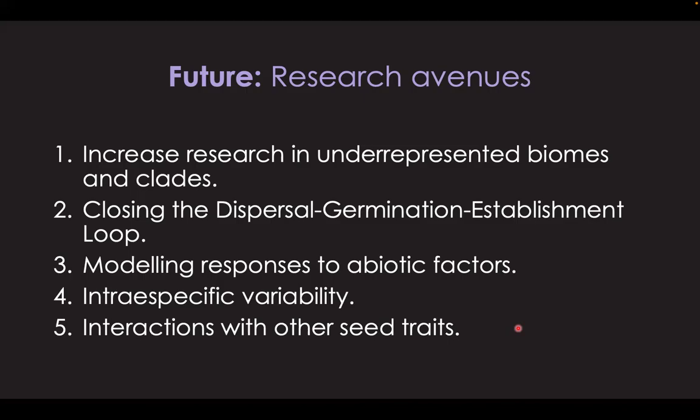We always go back to the seed mass and the small seed size. And we don't know how these responses could be related to other characteristics of the seeds. Maybe their internal morphology has something to say, maybe their dispersal phenology or something like that. And we should start doing more research in that sense.